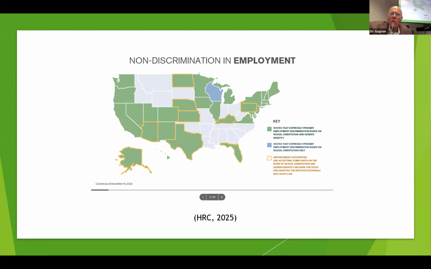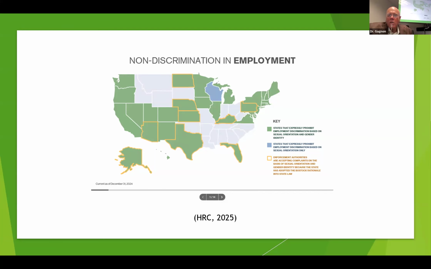Basically, states that are green are states that expressly prohibit employment discrimination based on sexual orientation and gender identity. The one that's blue, which is Wisconsin, expressly prohibits employment discrimination based on sexual orientation only. And those that have no color, the light gray ones, are the ones that have the yellow border. So there's the light gray, then there's some that are green that have a light border.